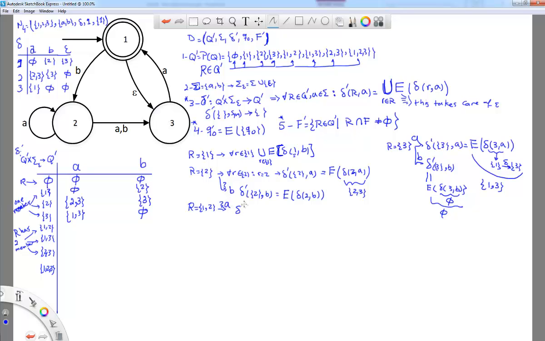Delta prime of state 1, 2 for A. Remember, this is going to be the union over small r belonging to the states that you have here, of E of delta of r and A. Since we have two states, it's going to be E of delta of 1 and A, union with this.